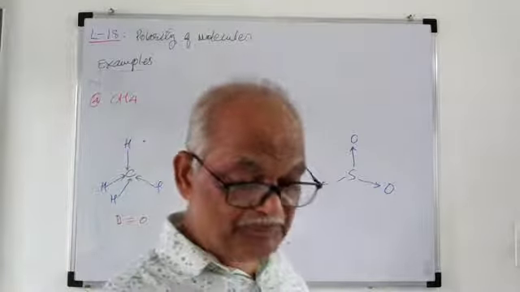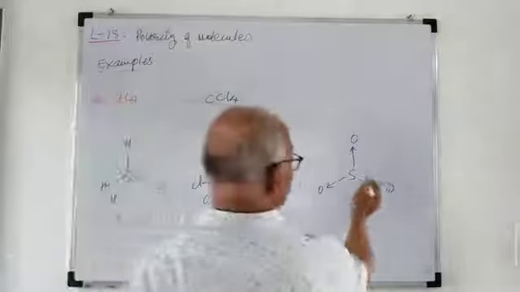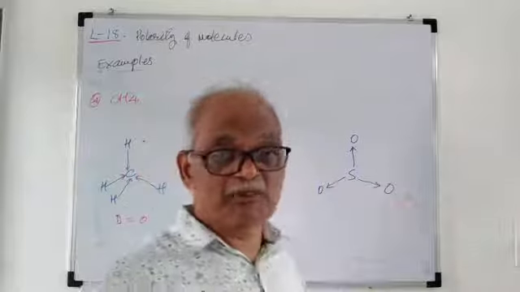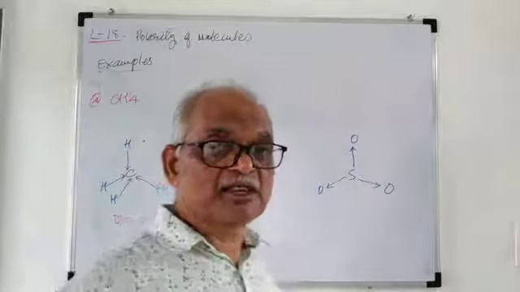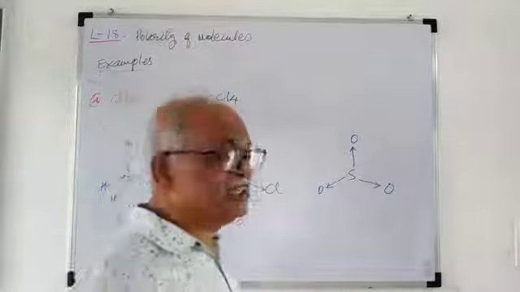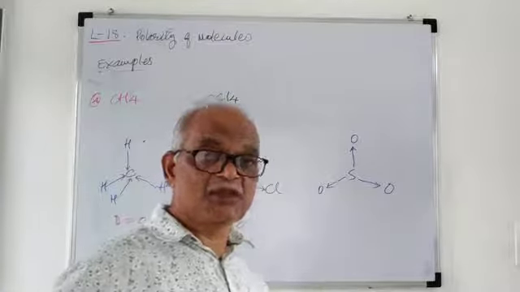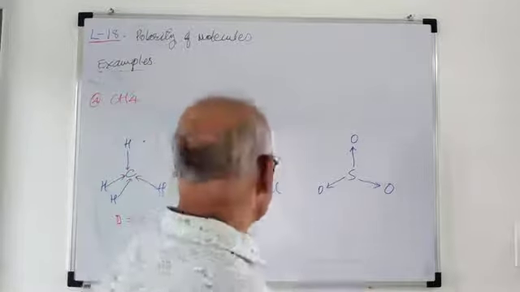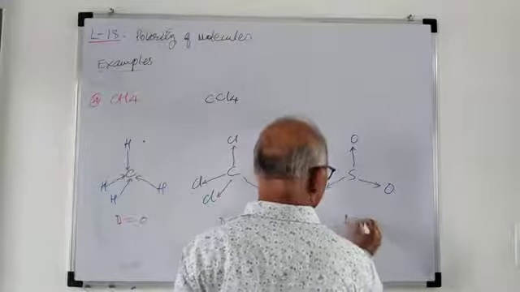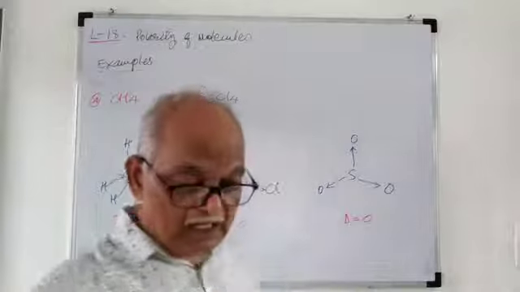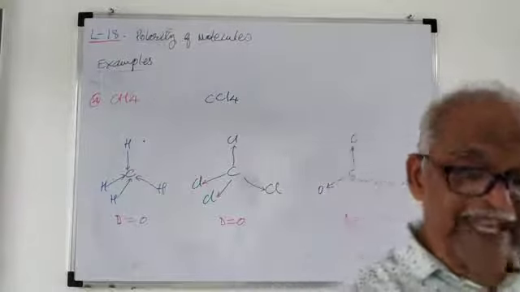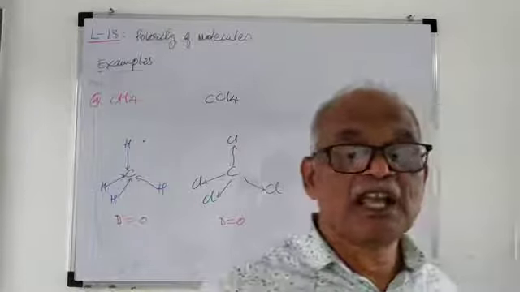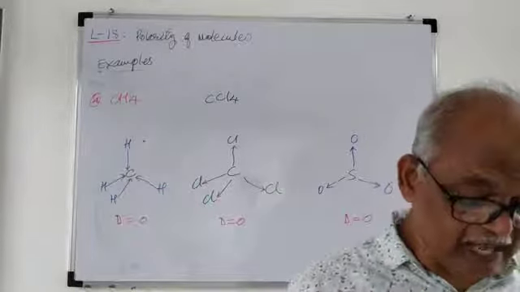So here also you will find that the dipole moments of the bond pairs are equally distributed, meaning distributed all over the molecule in equal directions, or simply all around the molecule at equal concentration. So the dipole moment of this molecule is also 0. All these molecules have symmetric structure, and therefore their dipole moments are 0.